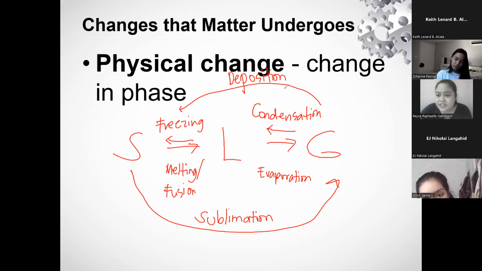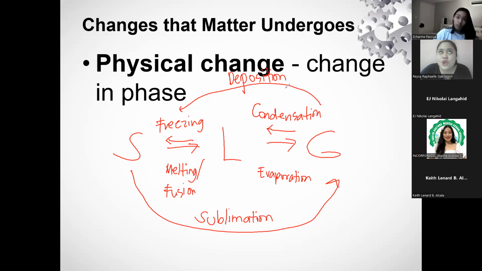When you say physical change, there is only phase change. There is no new product that is formed. Therefore, ganun pa rin. Kung tubig naging ice, tubig pa rin yun. Okay? Kung nag-evaporate siya, naging water vapor, that is still water. So again, there is no new product that is formed. We only have phase change, and you can turn it back to its original appearance.